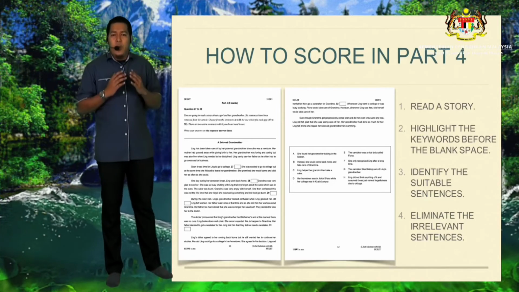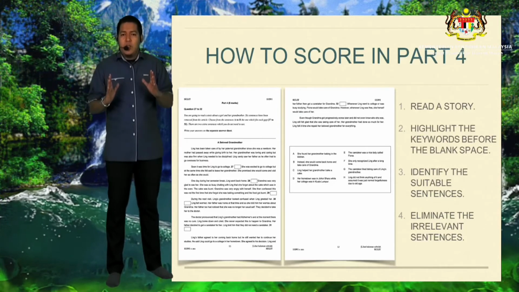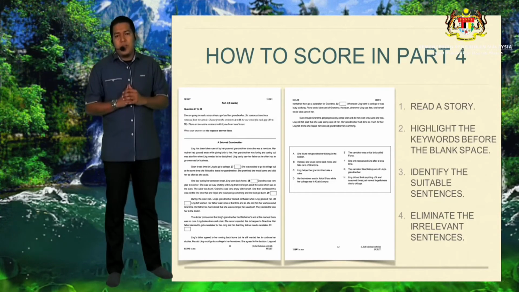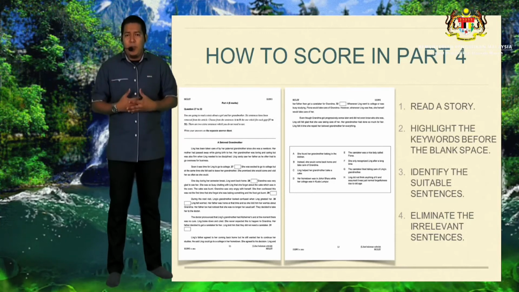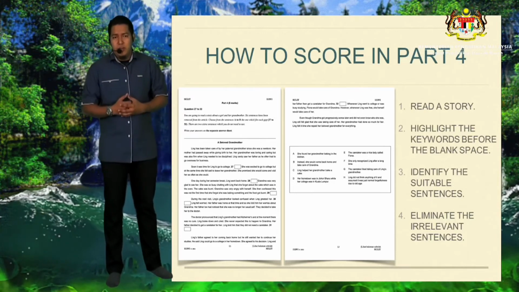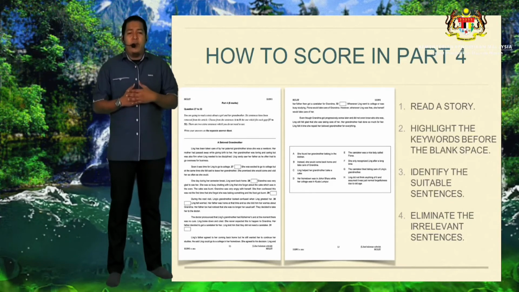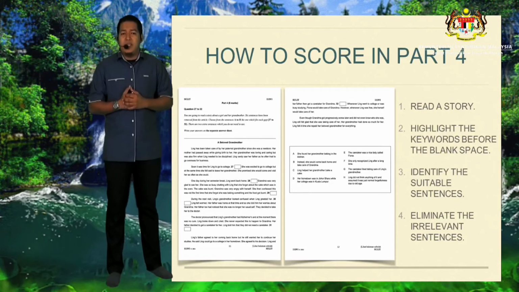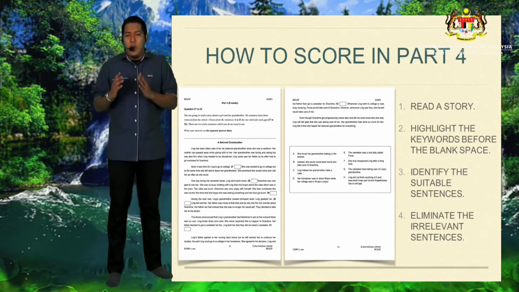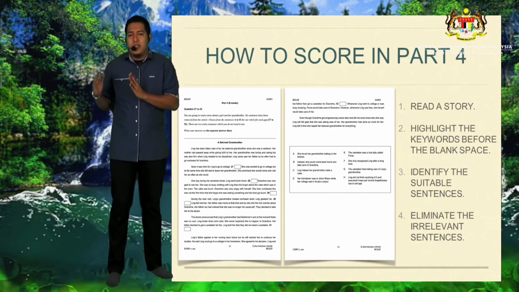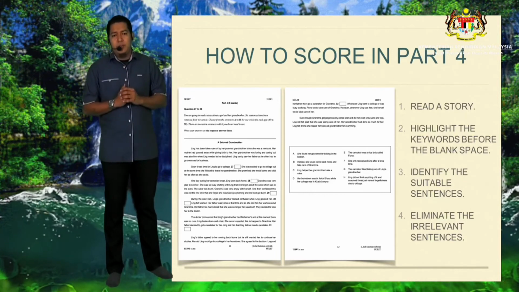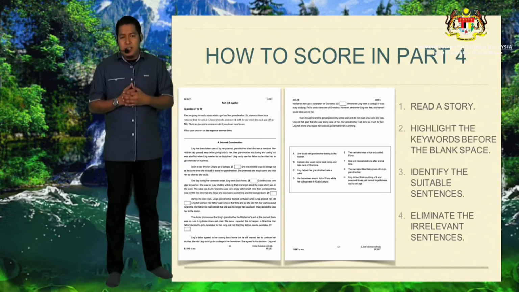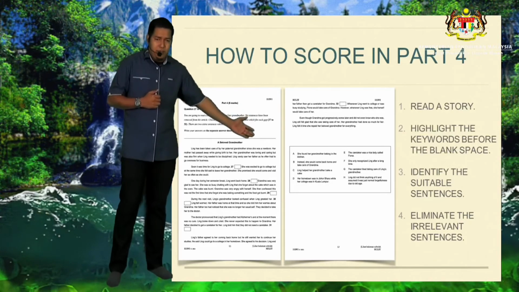First, read the whole story through in 1 or 2 minutes to get a clear picture of what the story is about. And then, after you have finished reading the story, highlight the keywords before the blank spaces so that you know the sequence in the story. And then, identify the suitable sentences in the answers here.